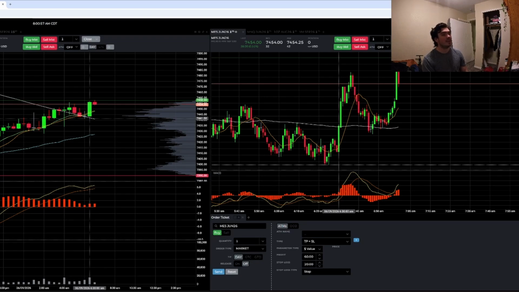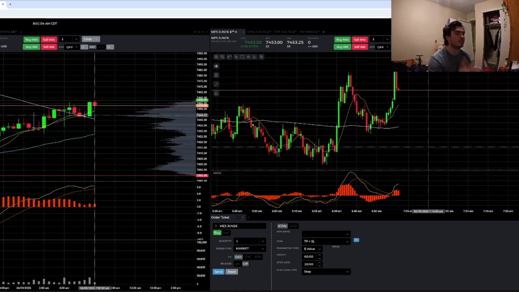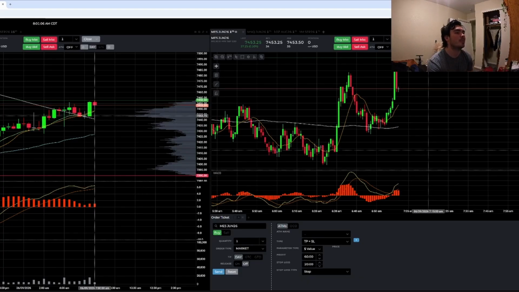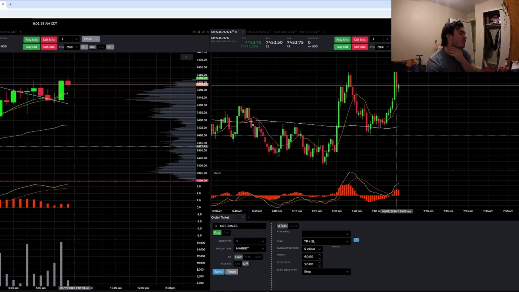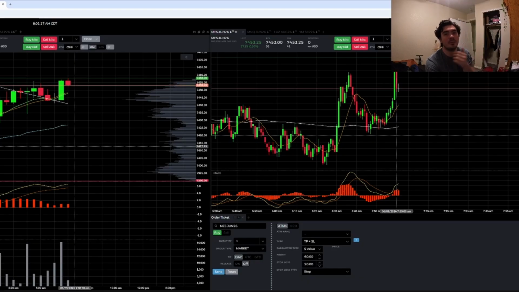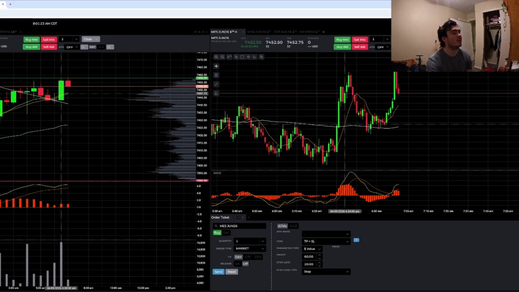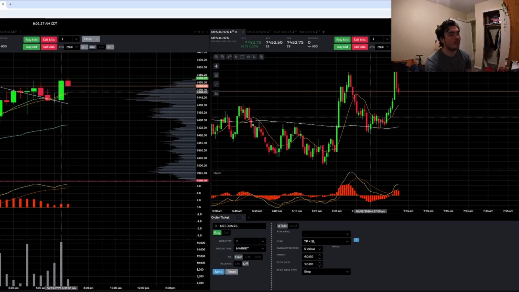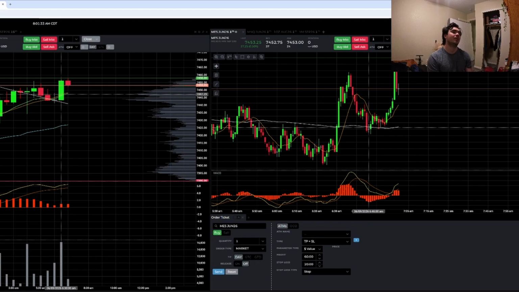So right now I'm just looking at the micro S&P. This is all live data, so I'm looking at it in real time with you guys. I forgot the name of the channel I saw this from, but you have the orange indicator here, a simple moving average of 10, and then the white one here, a simple moving average of 100.